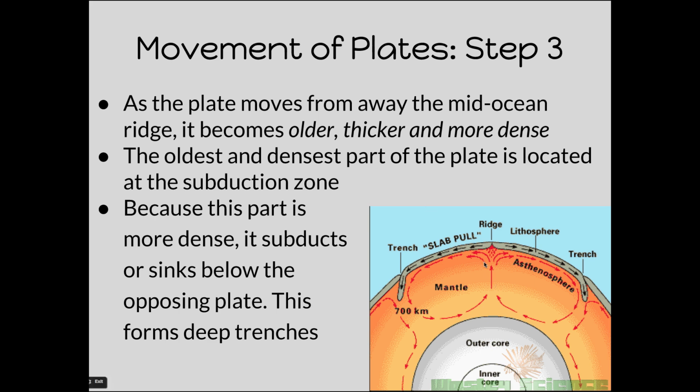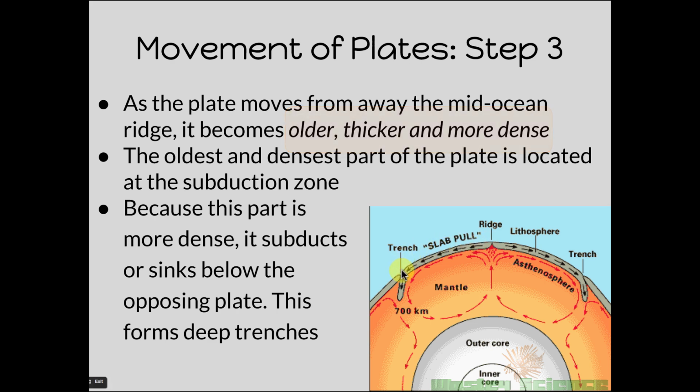Here's what's interesting about step 3. As the asthenosphere is moving these lithosphere plates apart from one another, the farther you get away from the mid-oceanic ridge, the older, thicker, and more dense the plate becomes. In other words, this area here, where my mouse is, is very young, very thin, and not very dense.